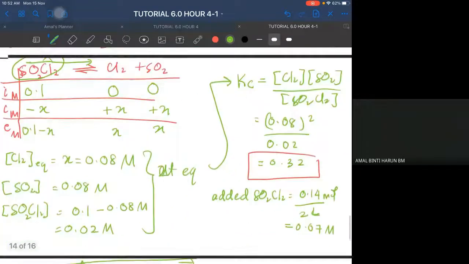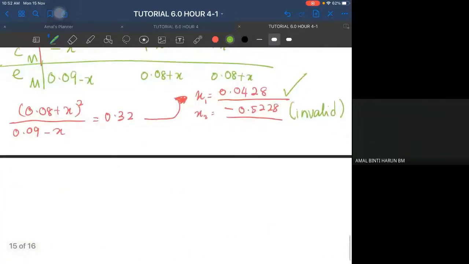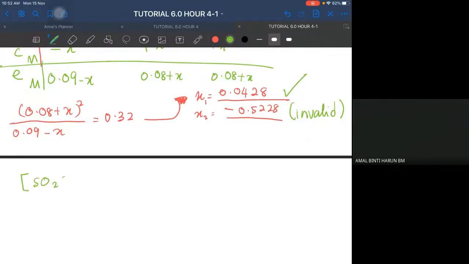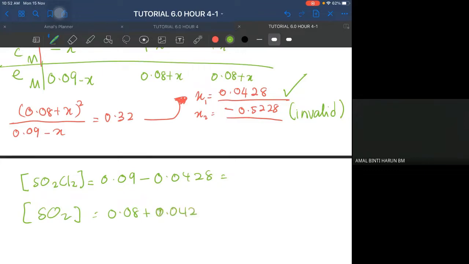Calculate the concentration, okay, the new concentration kan. So the new concentration of SO2Cl2 is 0.09 minus, what's the value? 0.0428. Concentration SO2, 0.08 plus x, 0.0428.